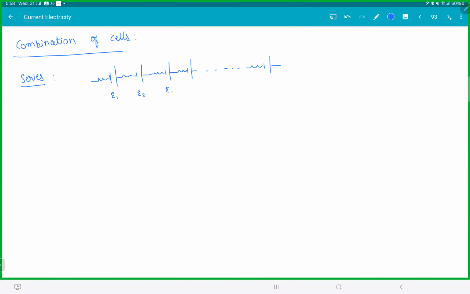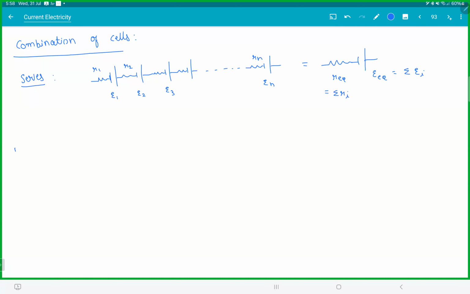So E1, E2, E3, till En, with r1, r2, so on till rn. I can just combine all of them into one resistor and one battery. This is r equivalent. This is EMF equivalent, which is sigma Ei. r equivalent is sigma ri.